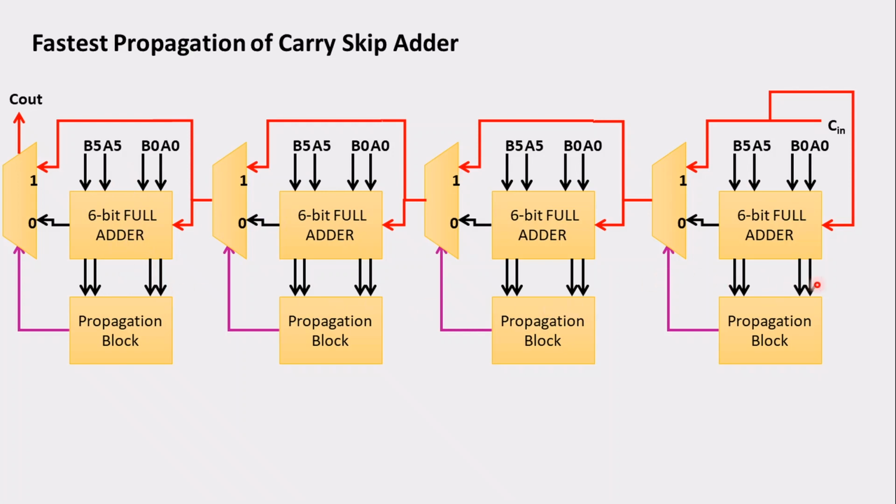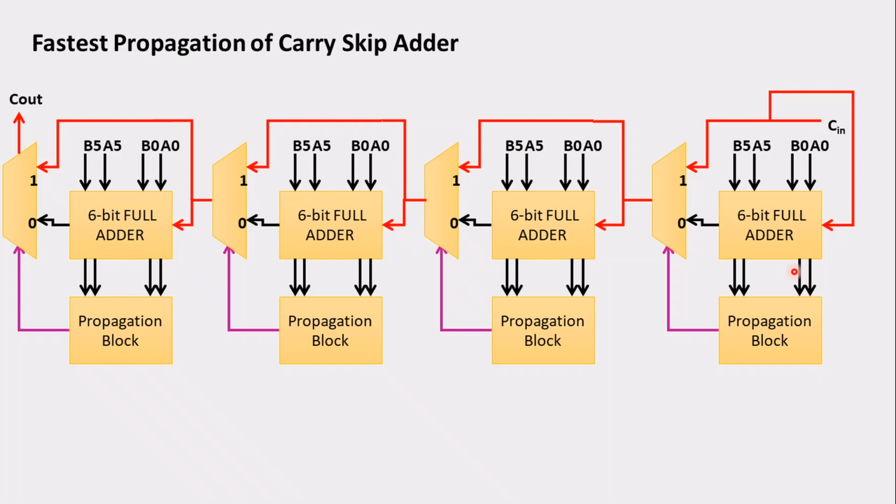When you look into the ripple carry adder, the final output has to wait for all these blocks to be completed. But when it comes to the fastest path in carry skip adder, these paths will be executed parallelly.